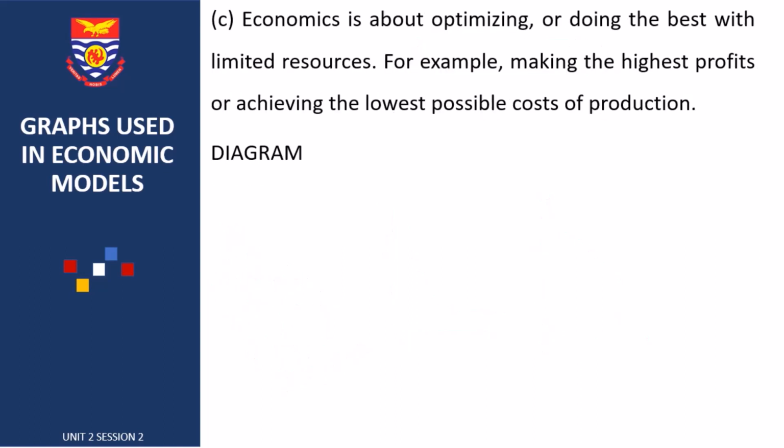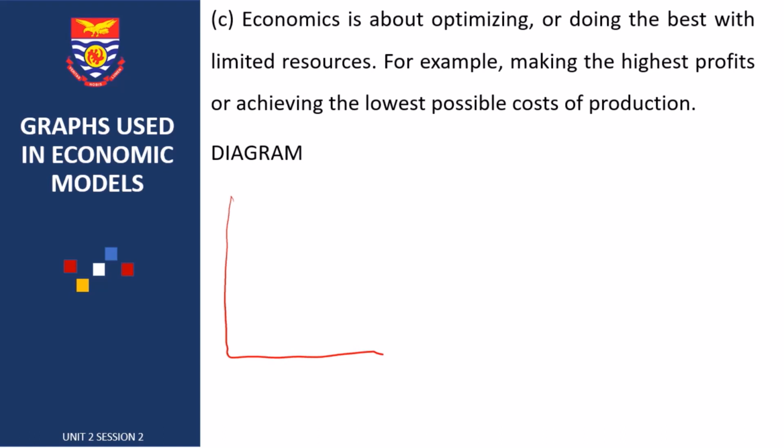Now let's look at the third one. Economics is about optimizing, or doing the best with limited resources, for example making the highest profits or achieving the lowest possible cost of production. Economists actually make frequent use of graphs depicting relationships that have a maximum or minimum. Let me try and sketch an example.